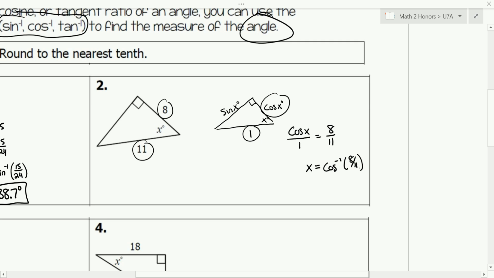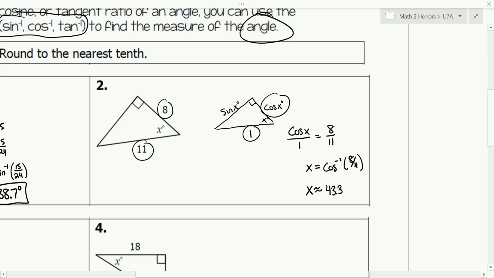Okay. So if you don't catch that, that's fine. You just have a couple more steps to do. If you see that, you might as well do that, right? And you should get 43.3 degrees.